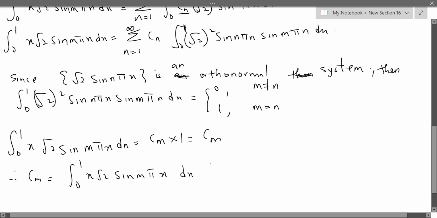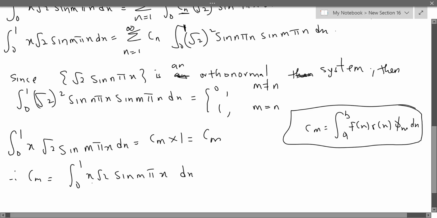If you compare it with the formula, c_m equals the integral from a to b of f of x, r of x, then phi_m dx, you will see that is exactly what we've gotten. Your x is the f of x, your a and b is from 0 to 1 now, then this part is your phi_m, and the r of x is 1.